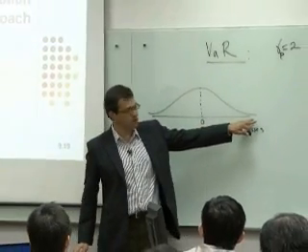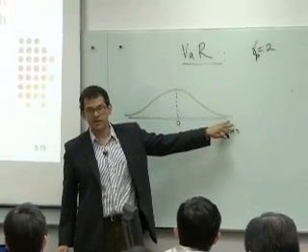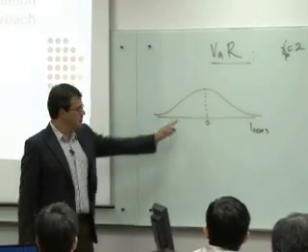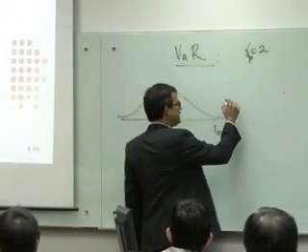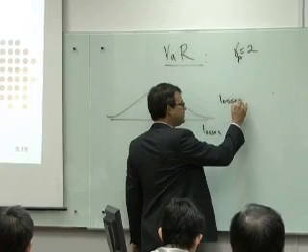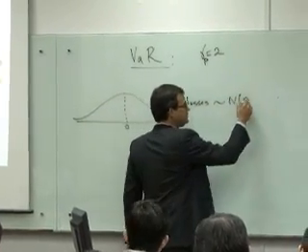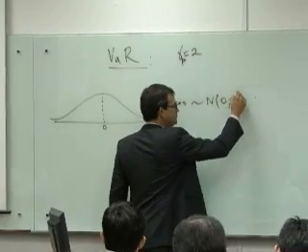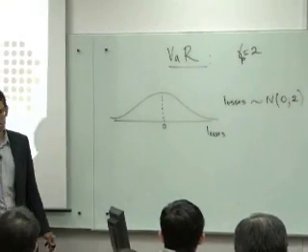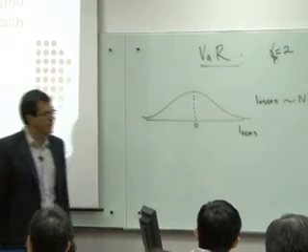Here we would be talking about negative losses, which are gains. Okay? So assuming something like this, we said, suppose that losses are normally distributed with mean 0 and a standard deviation of 2.